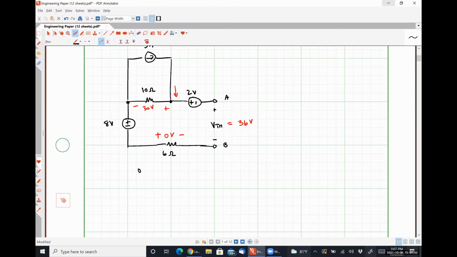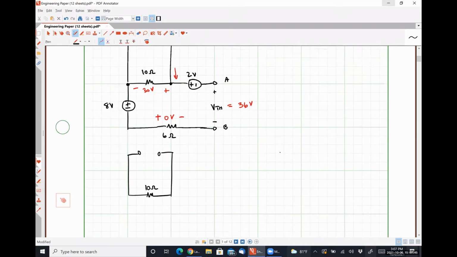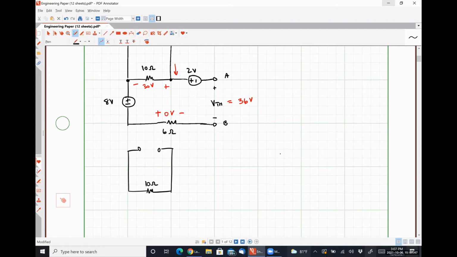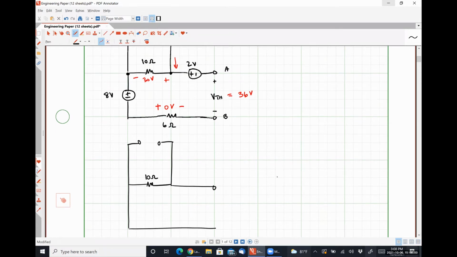So I'm going to have an open circuit here at the top. There's my 10 ohm resistor. How do I turn off both of my voltage sources? Short circuit, or replace it with a wire. Equally valid. So here are both of my... oops, I forgot to put the 6 ohm resistor in.